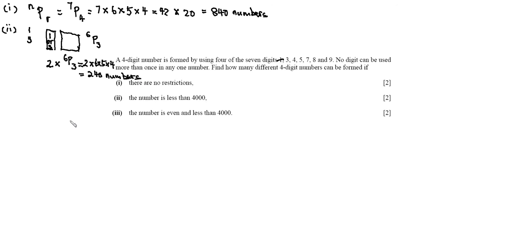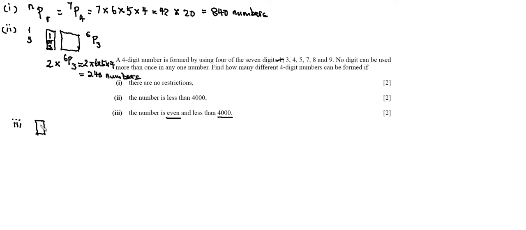Now, the third one will be slightly more complicated. Why? Because first it has to be even, and then it has to be less than 4,000. Now, let's look at it.